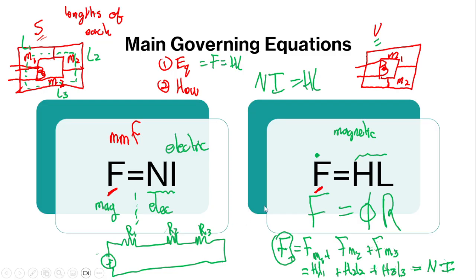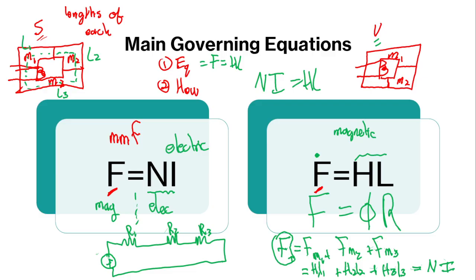Next question, since you had asked me: the magnetic flux density passing through these three materials, would it be the same or would it be different? The density passing through M1, M2, and M3, different or the same?